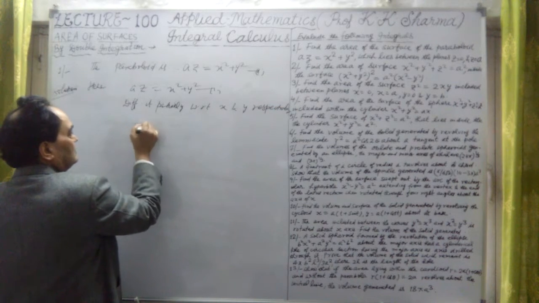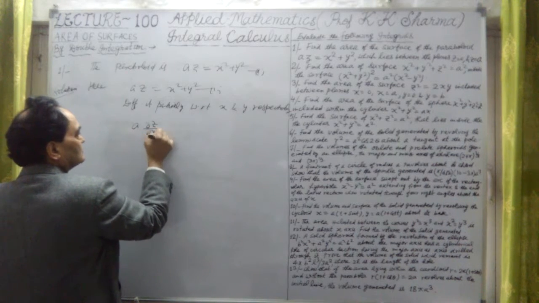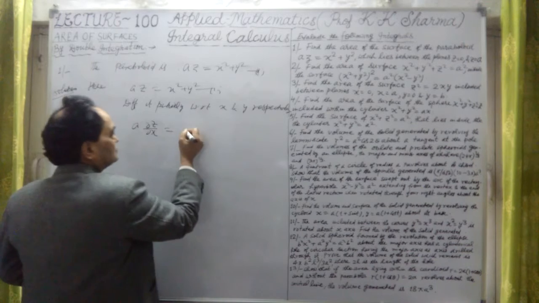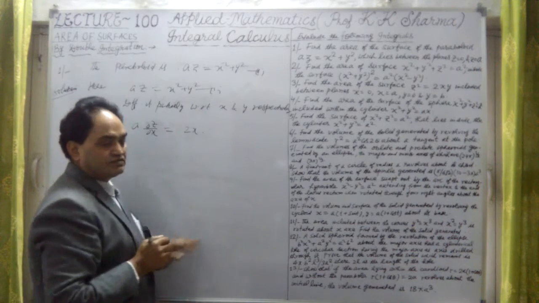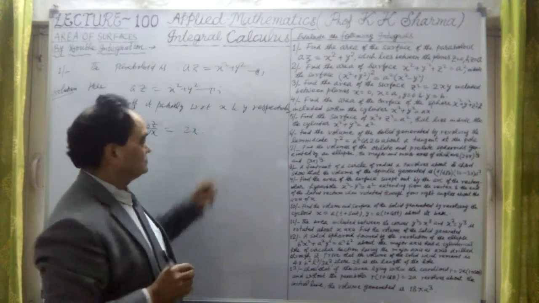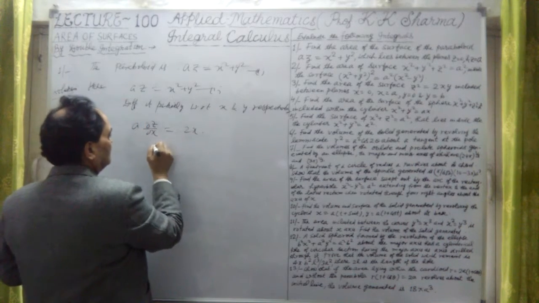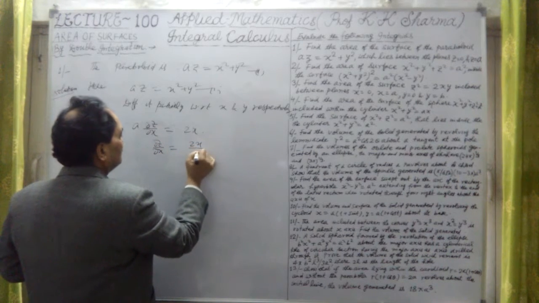First, a into del z upon del x is equal to twice x only. Why is y 0 in this case? We are differentiating with respect to x partially, then y is considered as constant. Therefore del z upon del x equals twice x upon a.